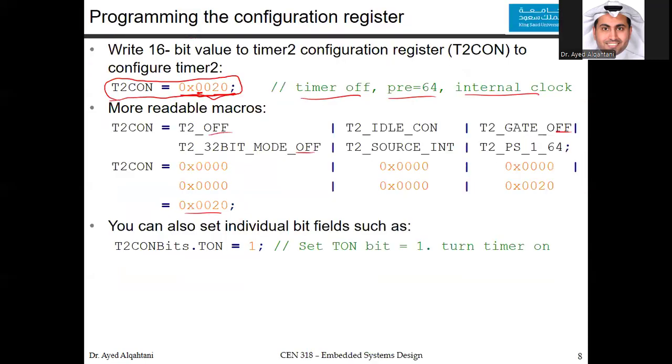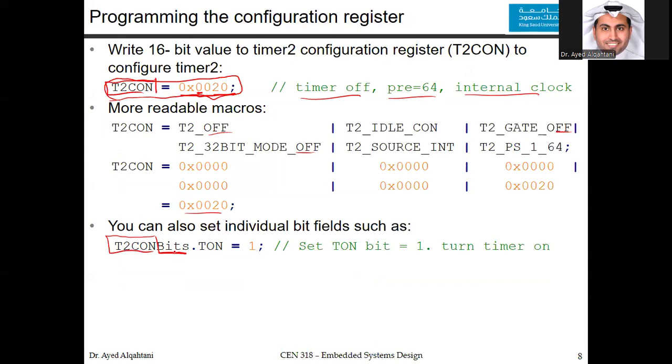So once we're done with configuring timer 2, or configuring our whole system, one of the last statements should be making the timer on. And to do this, you would say timer 2 control bits. Notice that this name is the same as this name. We just added bits after that.